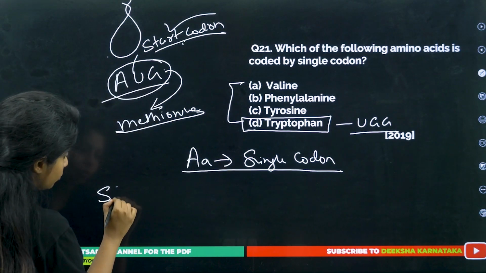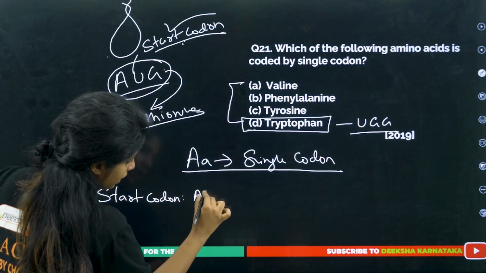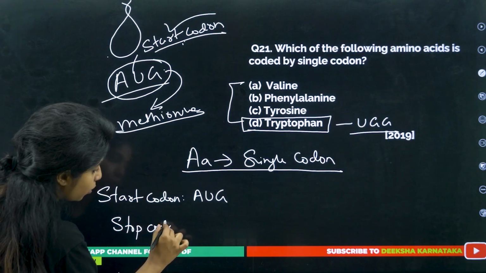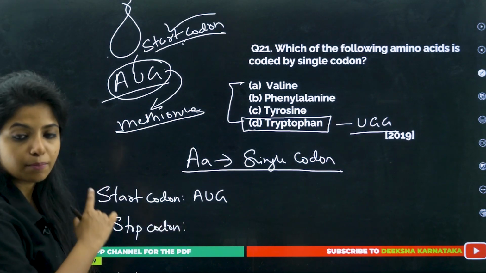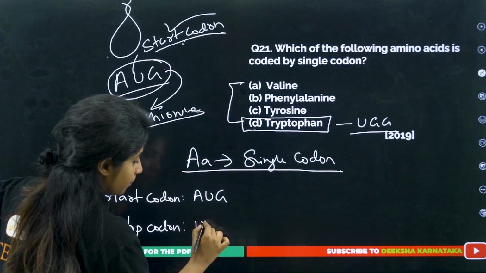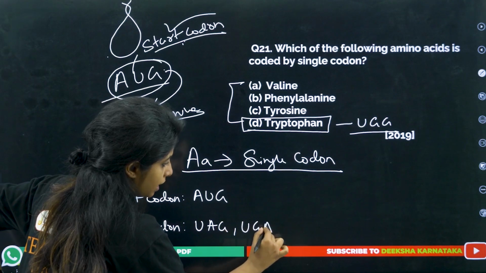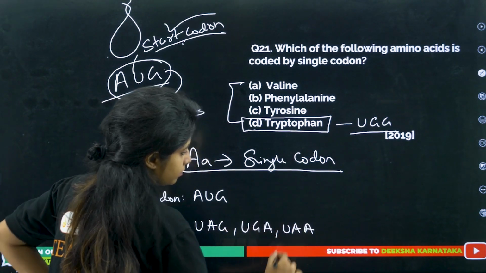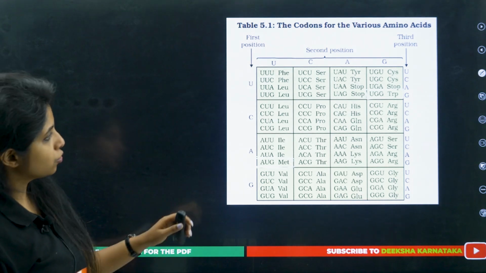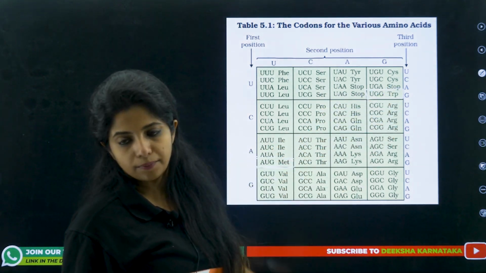What is the name of the start codon? It is AUG. What is the stop codon? Whenever a tRNA sees a stop codon, it will stop forming the protein. You have UAG, UGA and UAA. These are the stop codons that you are having: UAA, UAG and UGA.